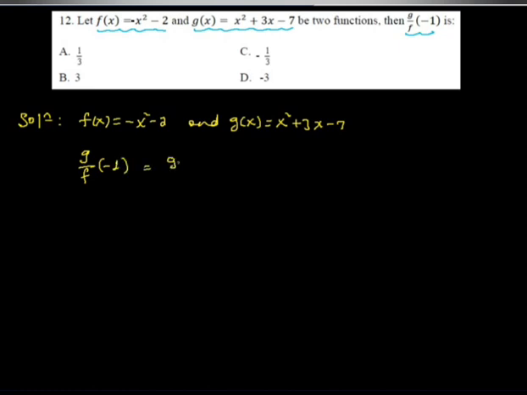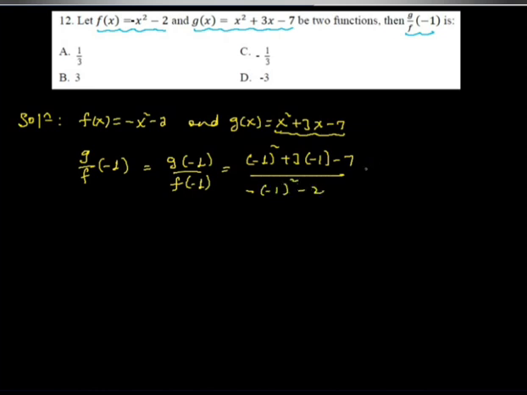ይሄ ማለት g ውስጥ minus 1 substitute እናደርጋለን፣ f ውስጥ minus 1 substitute እናደርጋለን። We take the ratio. g ውስጥ minus 1 substitute ማድረግ ማለት እዚህ ውስጥ በx ቦታ minus 1 እናስገባ። minus 1 square plus 3 times minus 1 minus 7 ይሆናል። f ውስጥ -1 ስናስገባ minus of -1 square minus 2 so ይሄ ምን ይሆናል ማለት ነው -1 square is 1, 3 times -1 is -3, -7, over -1 square is 1 -2.